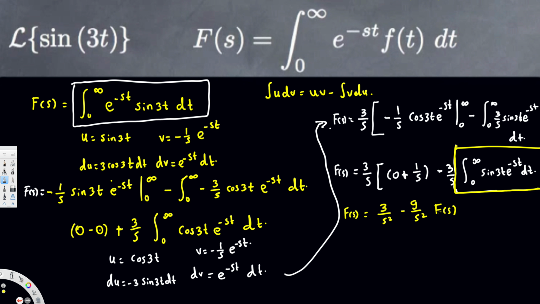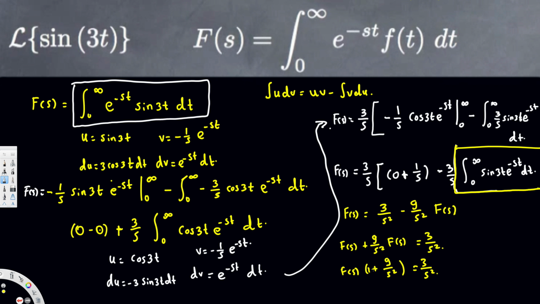If we move the 9 over s square F of s to this side, this becomes F of s plus 9 over s square F of s, and that's equal to 3 over s square. Therefore if we take F of s common, this is going to become 1 plus 9 over s square, which is equivalent to 3 over s square.